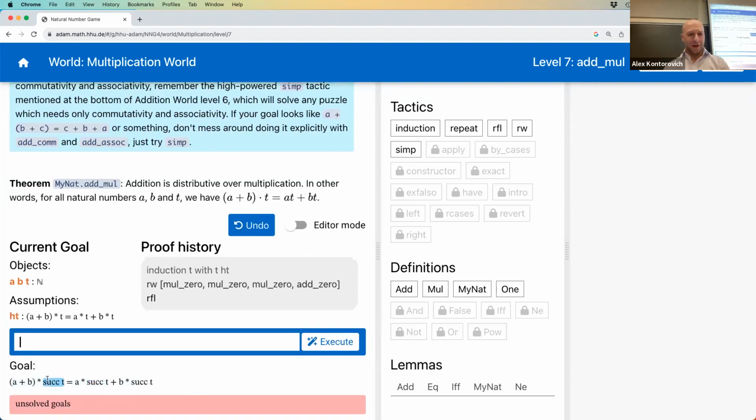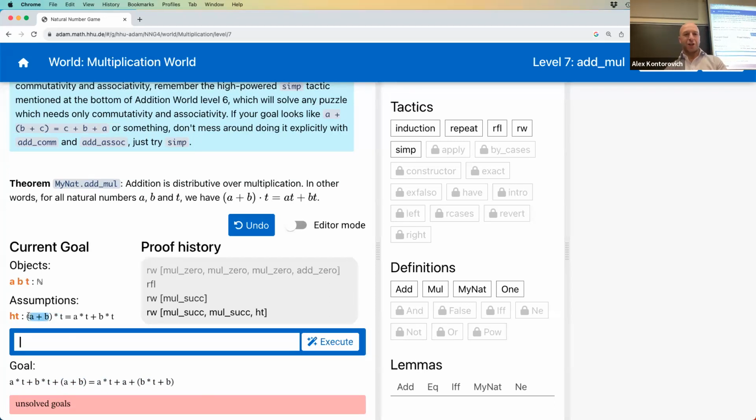And the other one, okay, we're going to need a mul_succ. We need another mul_succ here on each of them. And apply HT as well, or rewrite HT. HT will make this into that. And now we're almost done.